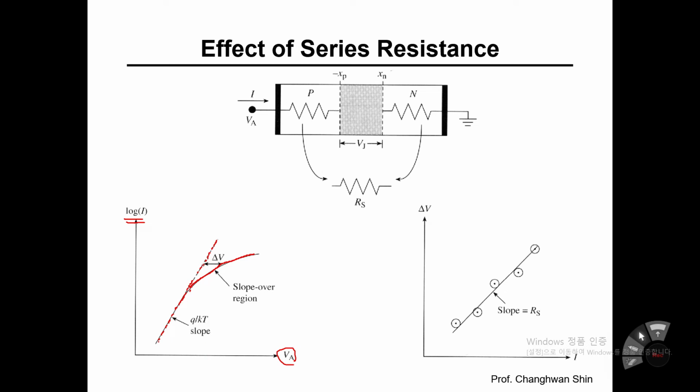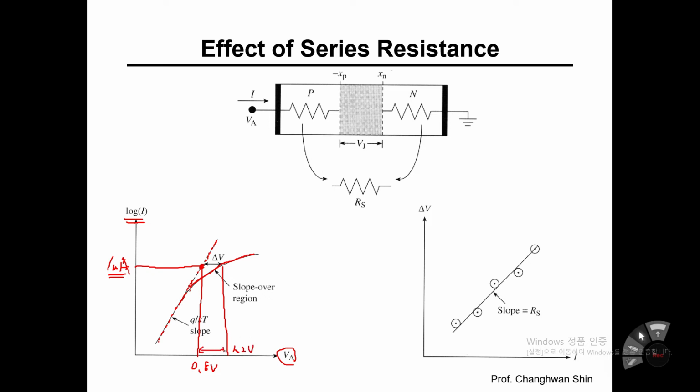Suppose you have applied 0.8 volt and you expected 1 milliamp. However, to obtain 1 milliamp current across the PN junction diode, you actually have to apply 1.2 volt.